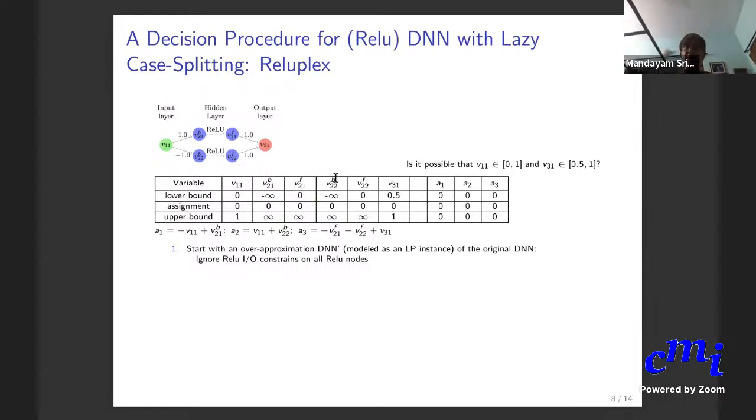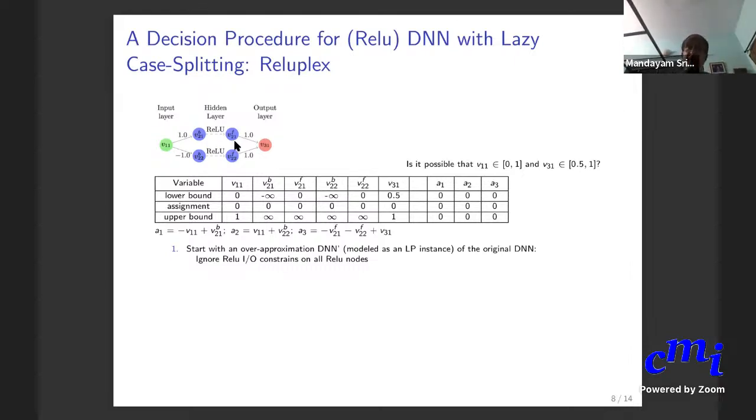Okay, are independent, and that's why this is an over approximation. That is, the number of satisfying solutions for this is more than the actual satisfying solutions for the original problem.